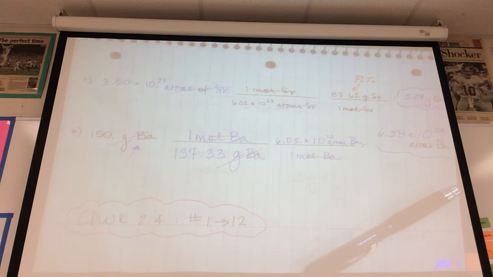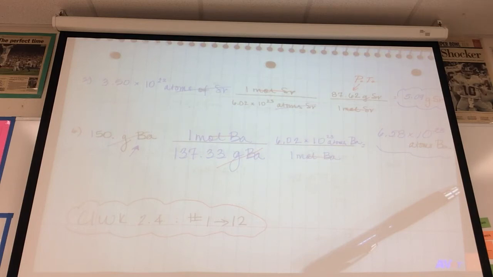And the other equality we established today is the one with Avogadro's constant. And that is that 1 mole of anything is equal to 6.02 times 10 to the 23rd. And that can be atoms, particles, or molecules as we discussed previously.